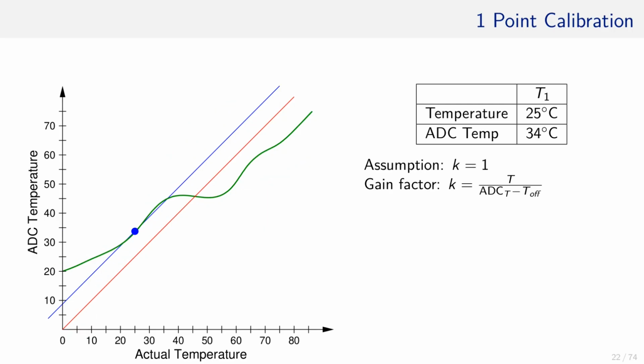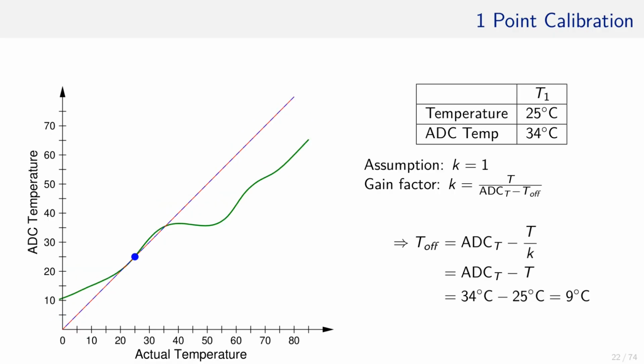Sure, we can assume that the gain factor is 1 and hence the blue intersection is parallel with the ground truth in red. If we assume that K is equal to 1, we can calculate T-off and move the blue line to be the same as the red line.